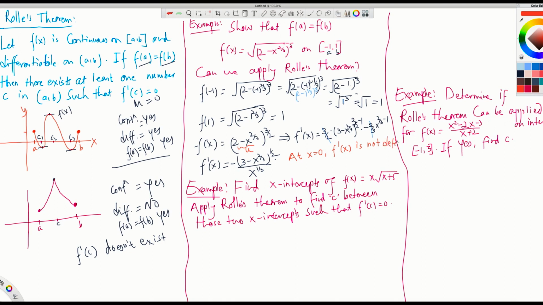So Rolle's theorem is not applicable. This is what you do. To check whether Rolle's theorem is applicable or not, there are three things you need: we check the differentiability, we check the continuity, and we check the height at the endpoints.